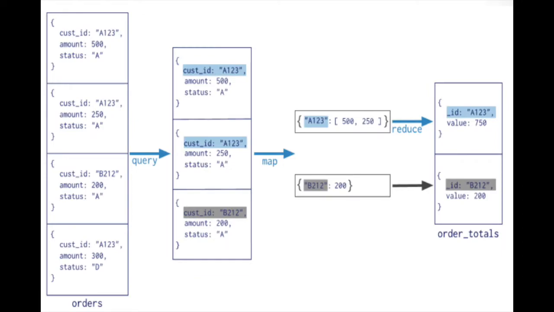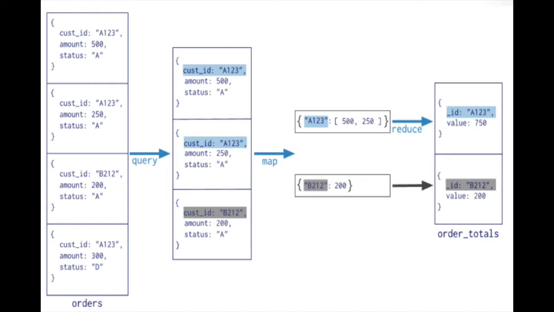So we have a MongoDB database, let's say, which has documents containing three fields: custody, amount, and status. First, we want only the documents with status as A. So we select them using a query.